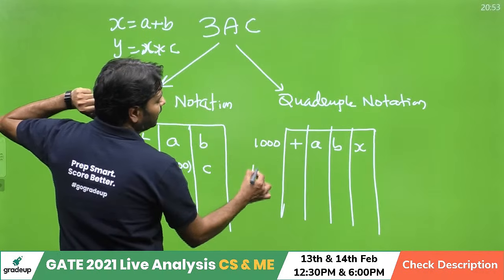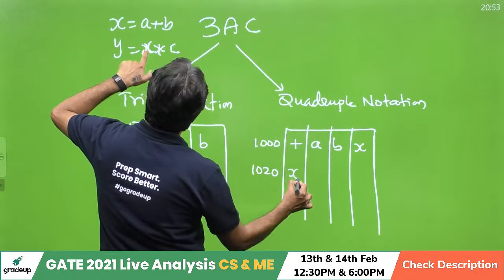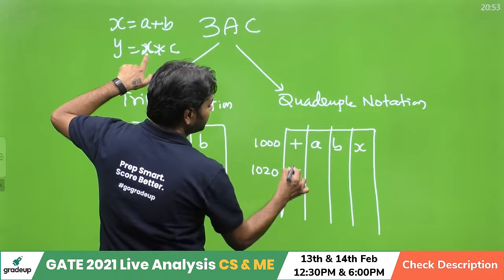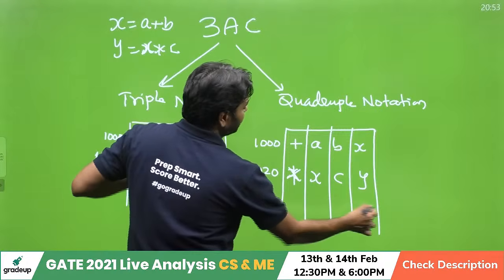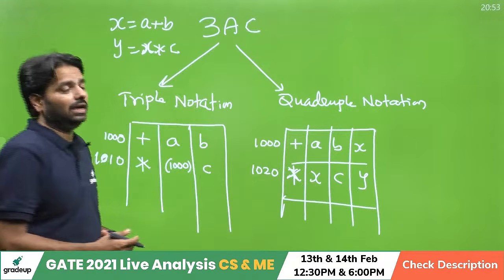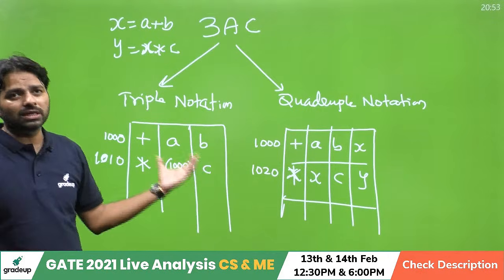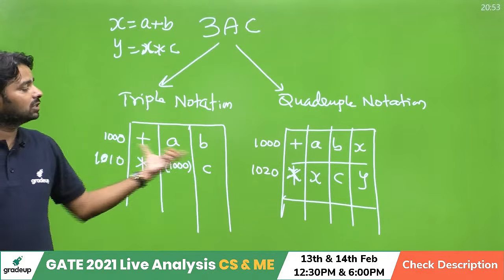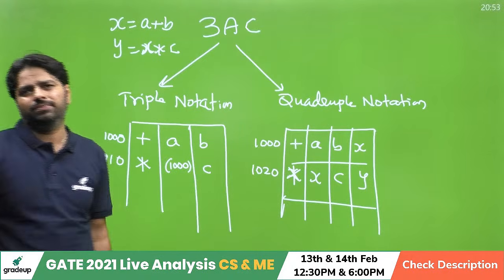And now you may have, let's say, 1020, star, x, c and y. You represent a separate field for storing the result, but in triple you don't store the result. Every time you want a plus b, you need to come and compute it here. So both have advantages and disadvantages.